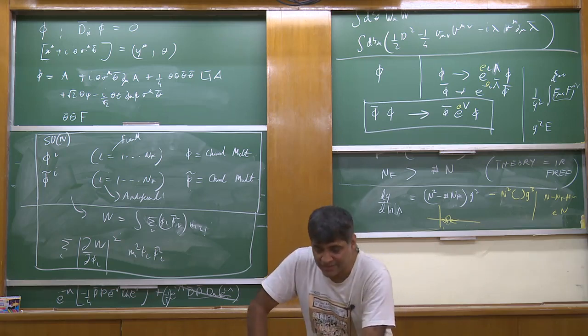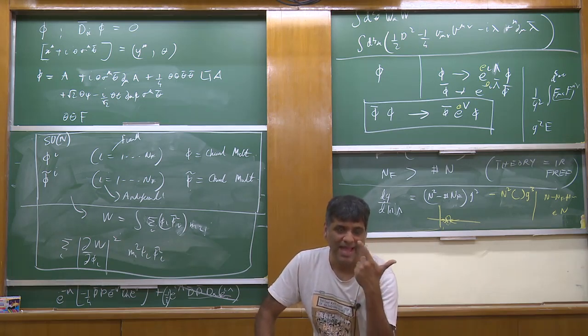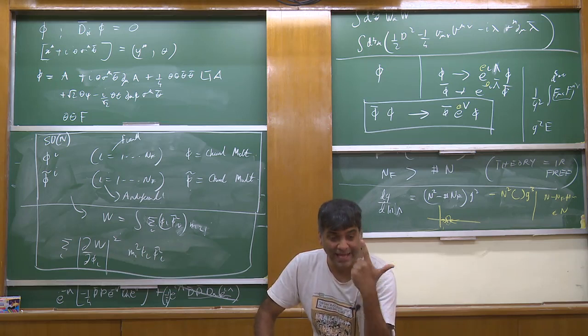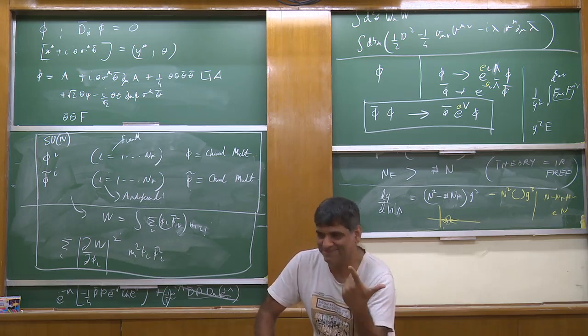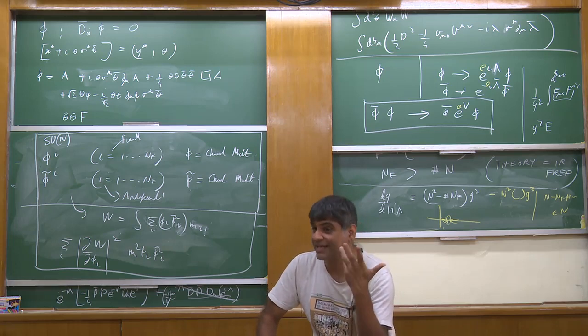The field content of the theory we have is SU(N) gauge bosons, SU(N) adjoint fermions, the gluinos, then fundamental fermions, anti-fundamental fermions, but also fundamental scalars and anti-fundamental scalars.